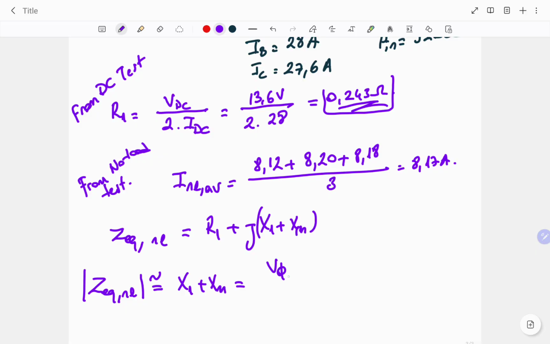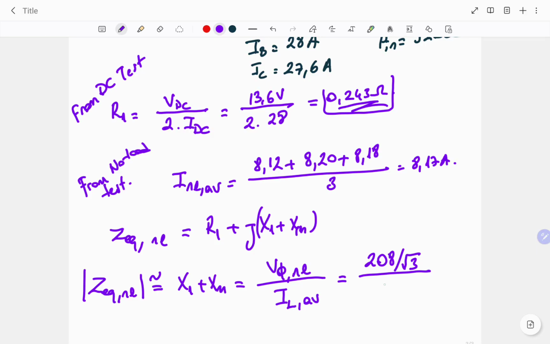So we use the phase no-load test voltage divided by IL average. 208 volts is given as the no-load terminal voltage, and the system is connected in Y. Because of this, as the phase voltage, we must use 208 divided by square root 3.